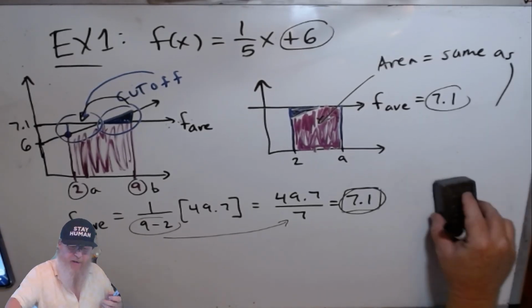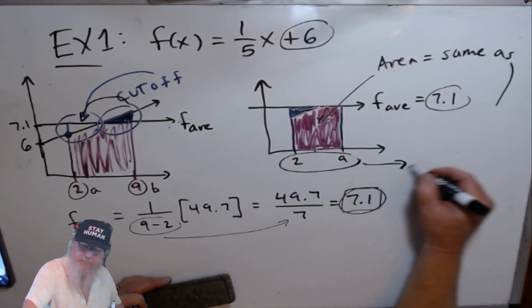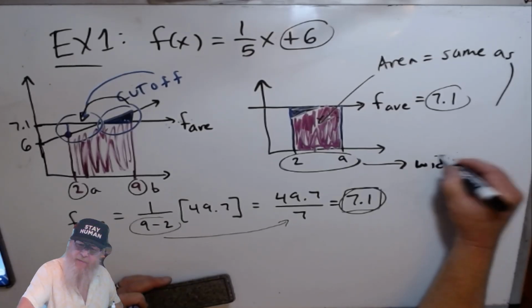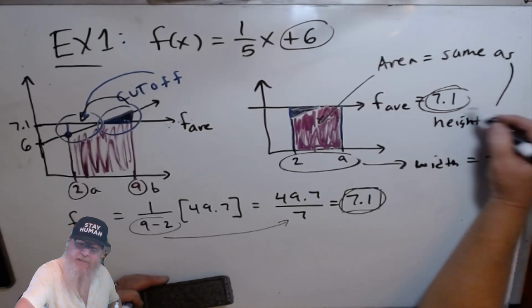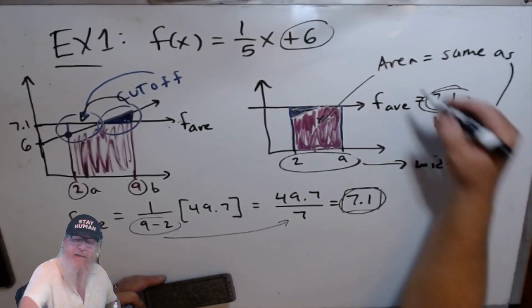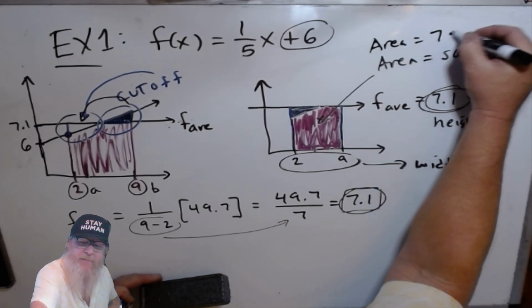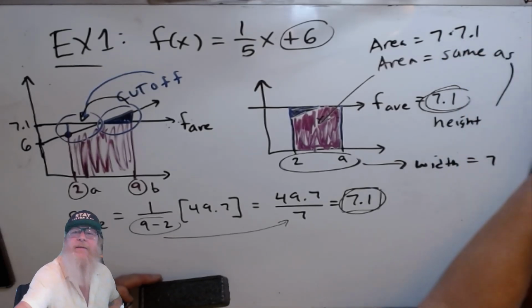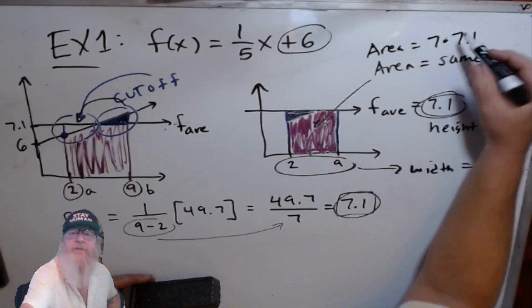And you can see very clearly that this rectangle, the width is 7, the height is 7.1, and the area is 7 times 7.1. I hate when I use dots and decimals, but you get the idea here.